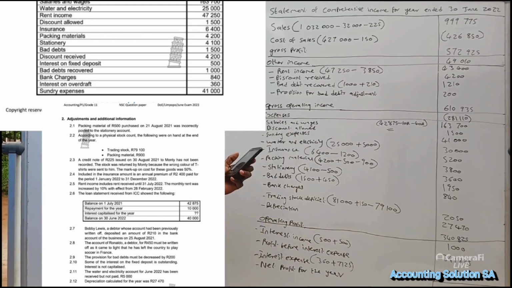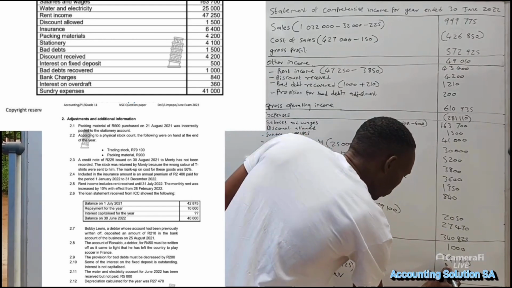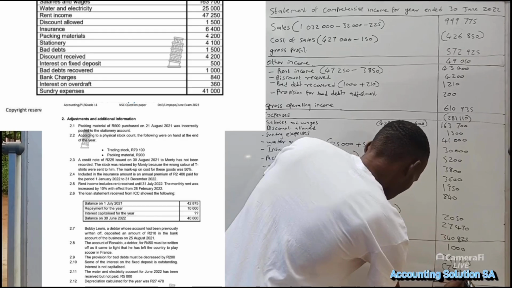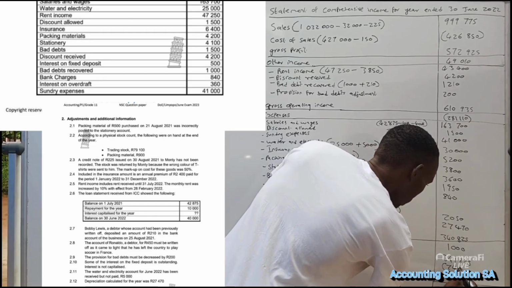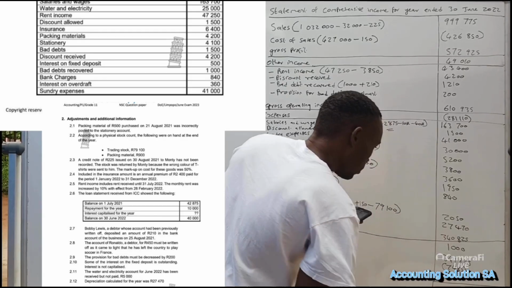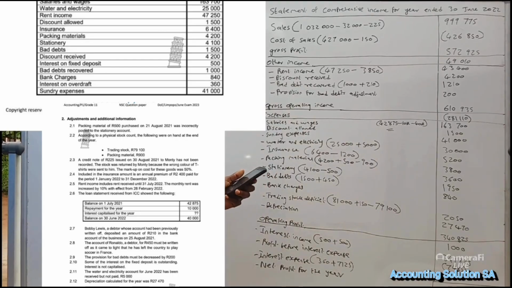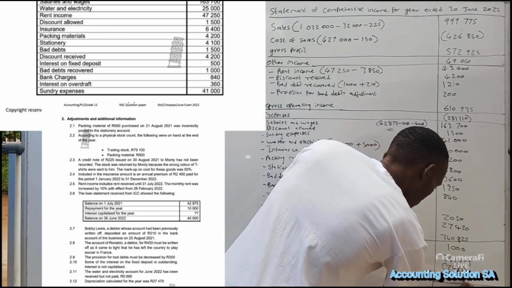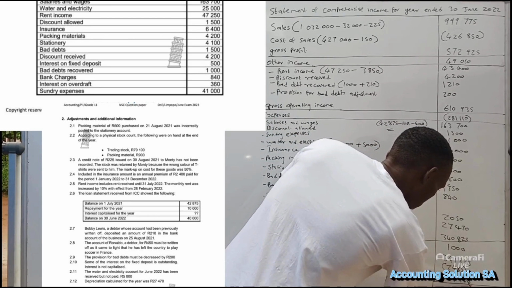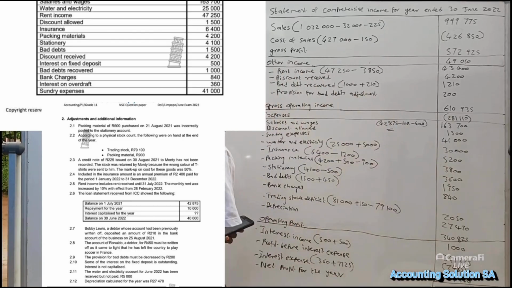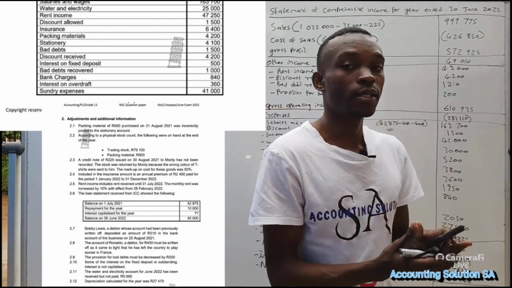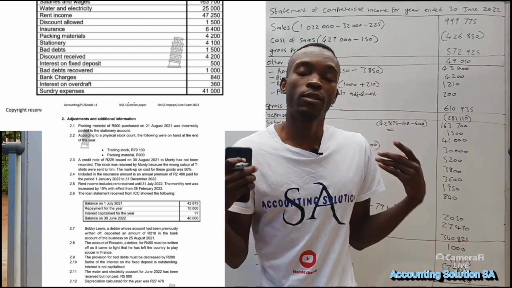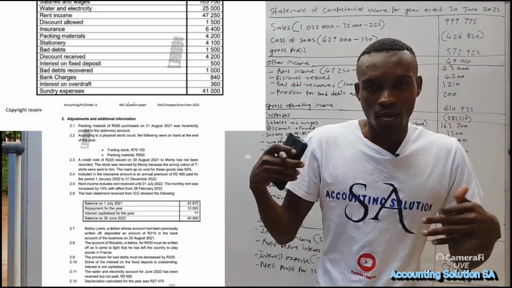Okay, and you will get 7,485. Okay, then after all, guys, that's where you're going to get now your net profit of 334,340. So that's how you should compile your income statement. So I hope you enjoyed and you learned something from my video.